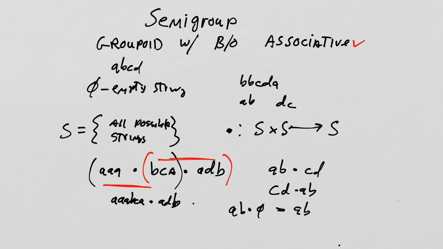I don't have that. And even if there was an empty string, there would be no inverses, right? Because for AB, there's no other string to put here that would give me the empty string. But if I did add the empty string, I would have a semigroup with an identity. So anyway, that's a good example of a semigroup that's just a semigroup.